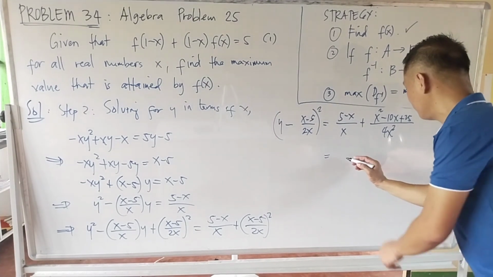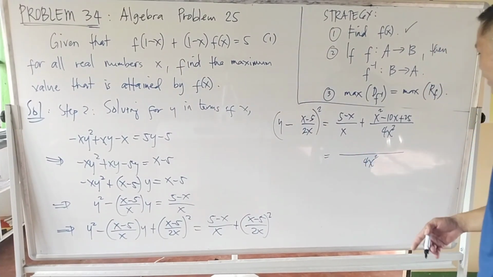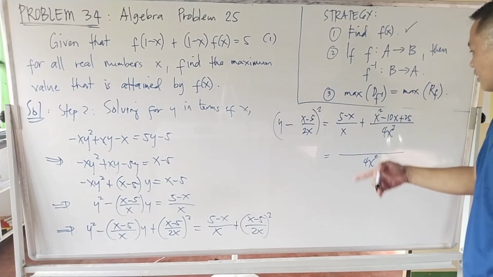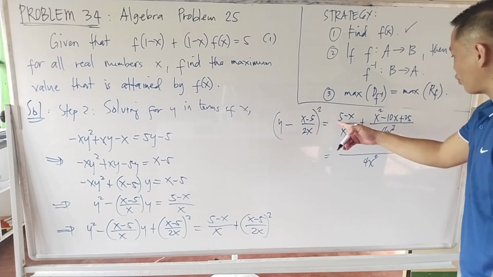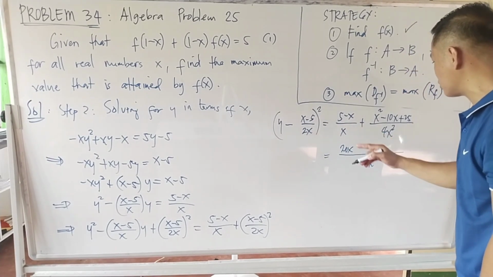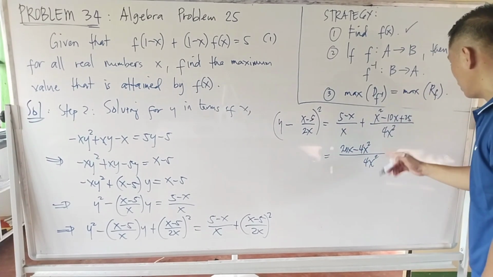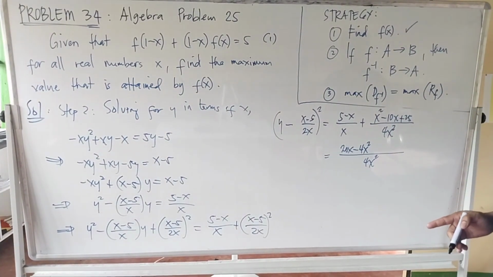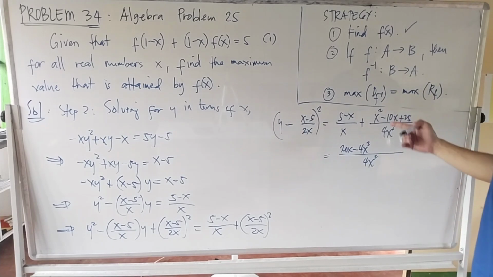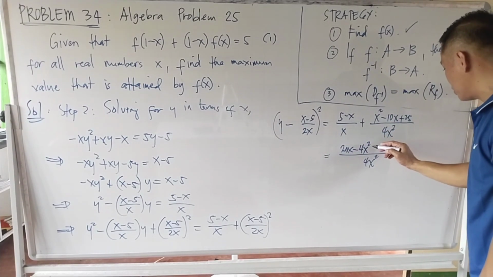So we now have 4x squared, then 4x squared divided by x, so we have 4x, then multiply it to the numerator, so we have 4x times 5, so we have 20x, then 4x times negative x, so we have negative 4x squared, then 4x squared divided by 4x squared is equal to 1, times the expression in the numerator, so we have the same result.